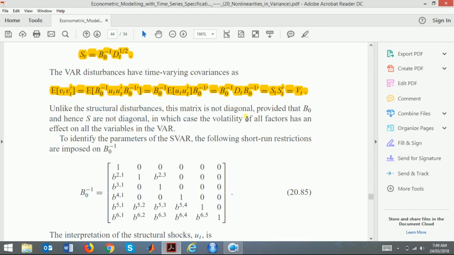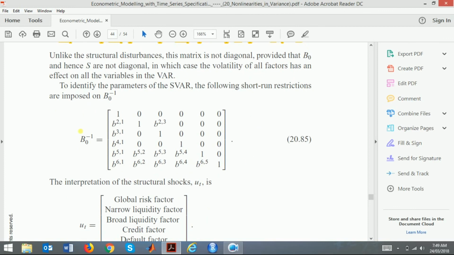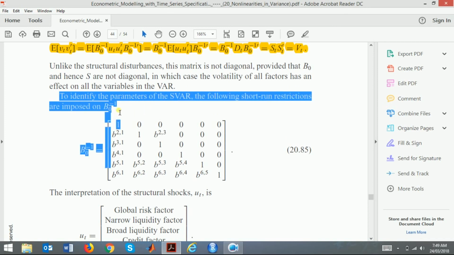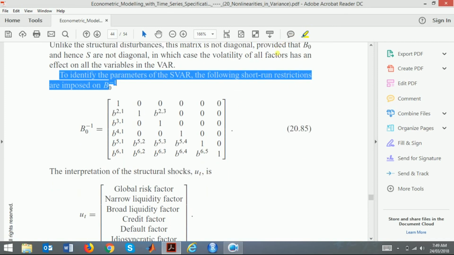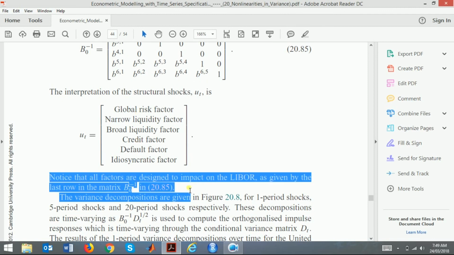To identify the parameters of S bar, we use the following short-run restrictions. If we put short-run restrictions on beta naught, these are just the short-run restrictions on the parameters of S bar, and they give an interpretation of the structural shocks.